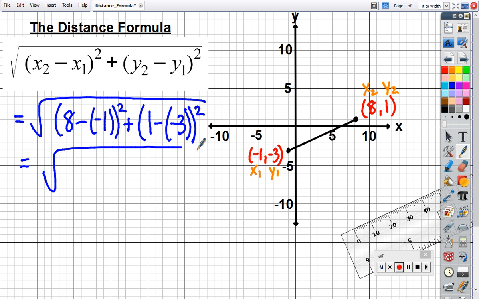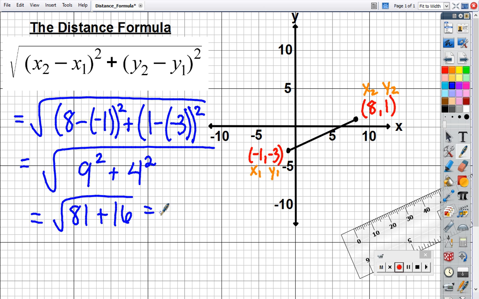So I have 9 squared plus 4 squared, and that gives me 81 plus 16, which gives me the square root of 97. Since 97 is square free, there is no simplification I can do with that, so that is my answer for the length of this line segment.